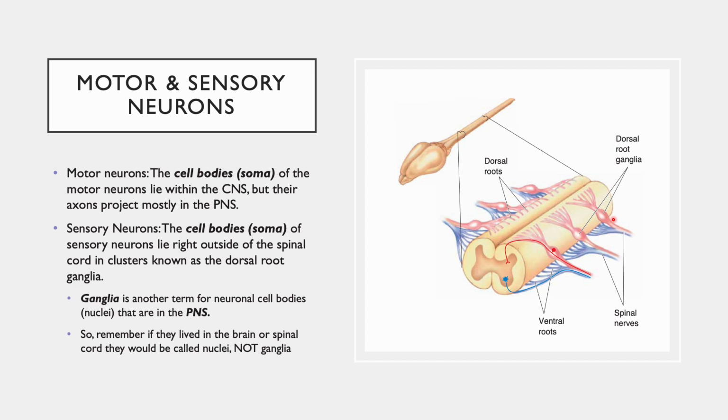We know the spinal cord is a part of the central nervous system, and because the ganglia don't live inside of the spinal cord and they live right outside of it, they're referred to as ganglia rather than nuclei. Ganglia is another term for neuronal cell bodies that are not in the central nervous system but exist in the periphery. So if they lived inside of the spinal cord, they'd be referred to as nuclei, not ganglia.